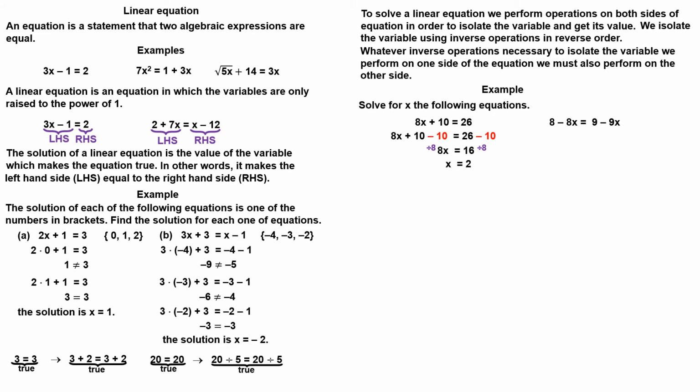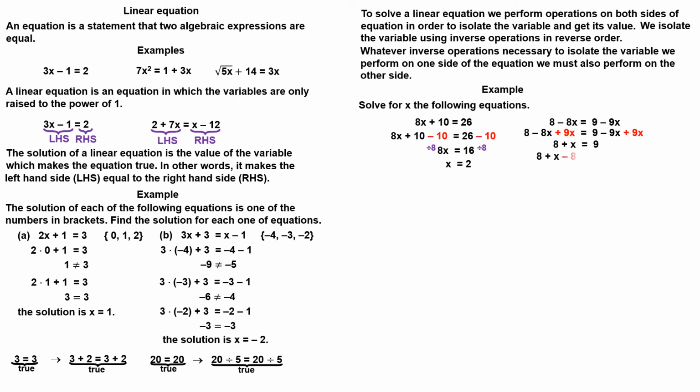When the variable appears on both sides of the equation, remove it from one side. Aim to do this so the variable is left with a positive coefficient. The inverse operation of subtract 9x is add 9x, so add 9x to both sides.